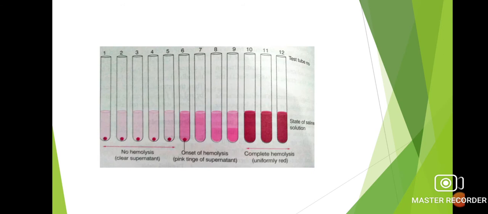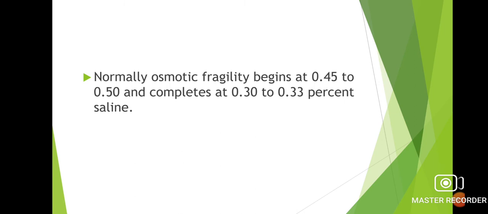Here you can see initially there is no hemolysis, the supernatant fluid is clear. After some point, at test tube number 6, you can see there is onset of hemolysis, and in the end you can see the complete red color which shows complete hemolysis. Normally osmotic fragility begins at 0.45 to 0.50% of saline solution and completes at 0.30 to 0.33% saline.